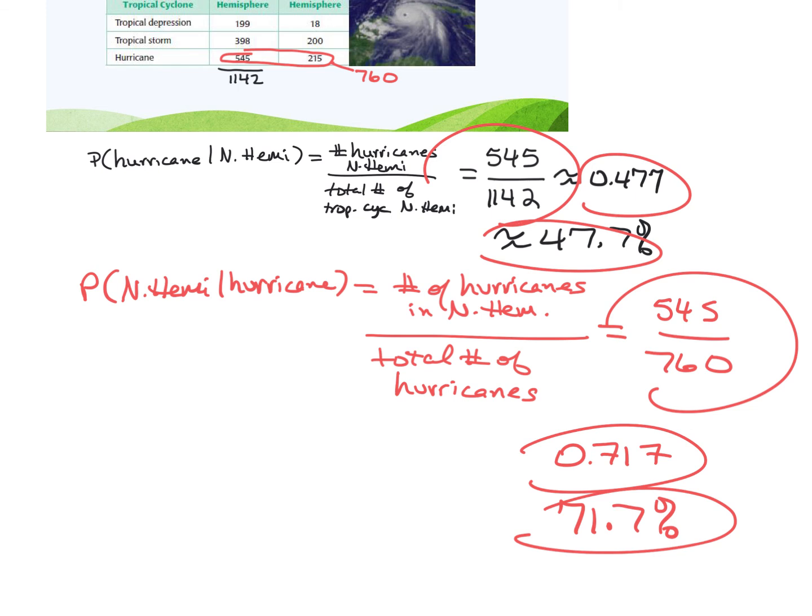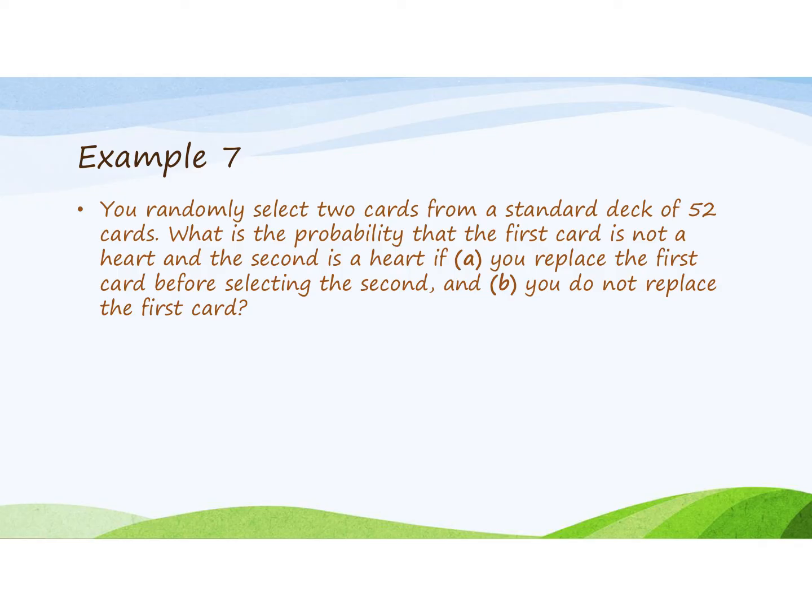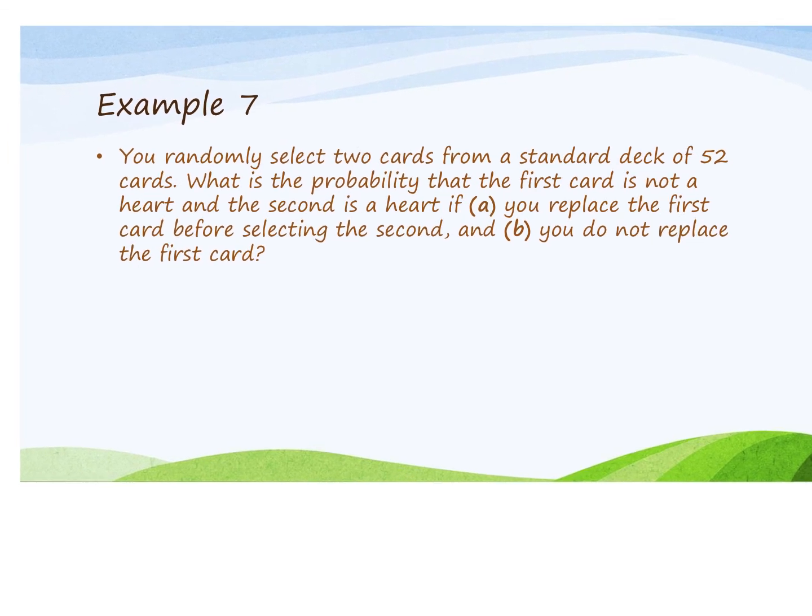And then one last example, we're going to talk about a deck of cards. The last example says you randomly select 2 cards from a deck of 52 cards. What is the probability that the first card is not a heart and the second is a heart?